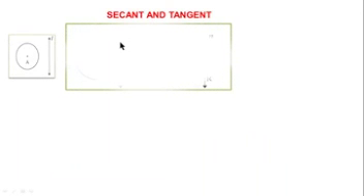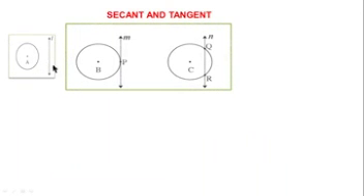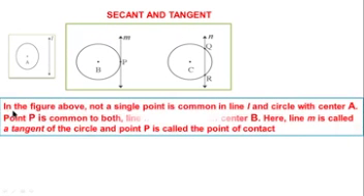Second, tangent. Observe these figures. In the figure above, not a single point is common to line L and the circle with center A. This is a circle, this is a line L. There is no common point between these two.